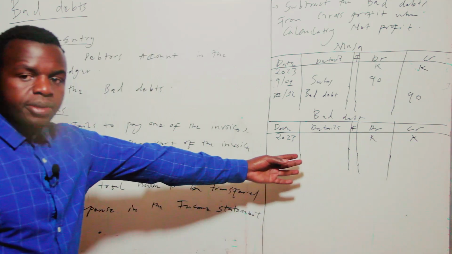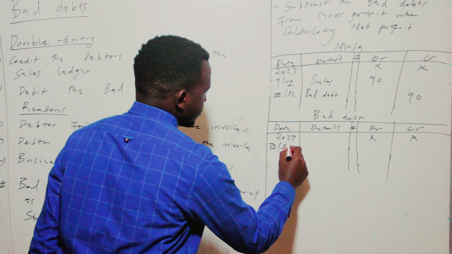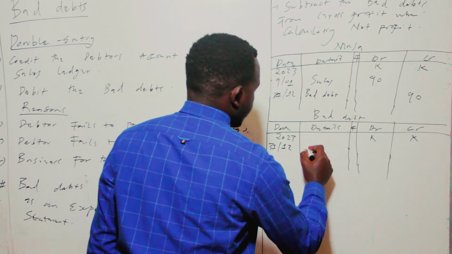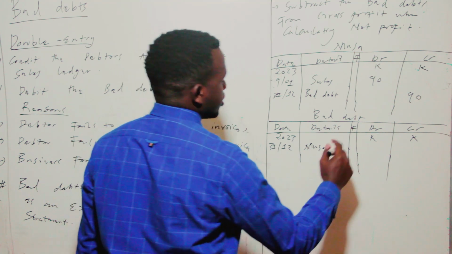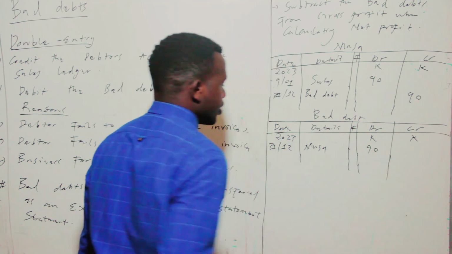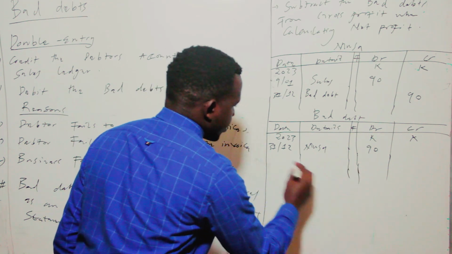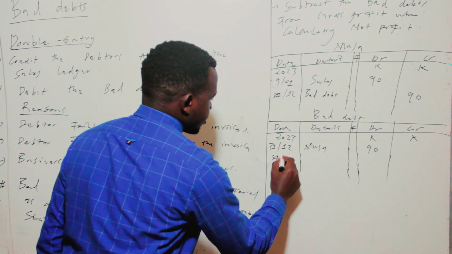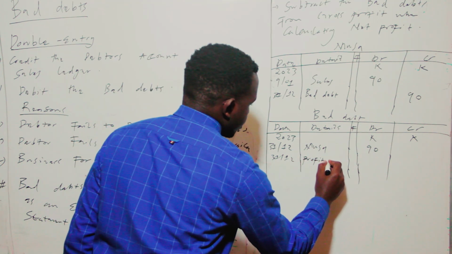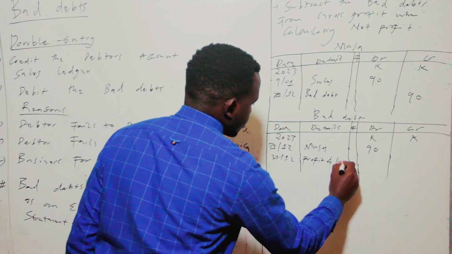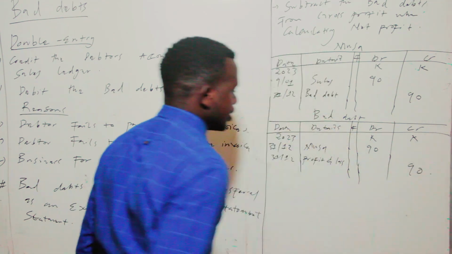To complete the double entry, on the 31st of December we put Musa there and debit by 90 kwacha. And on the same date, the 31st of December, we say profit and loss, and we credit profit and loss by 90 kwacha.